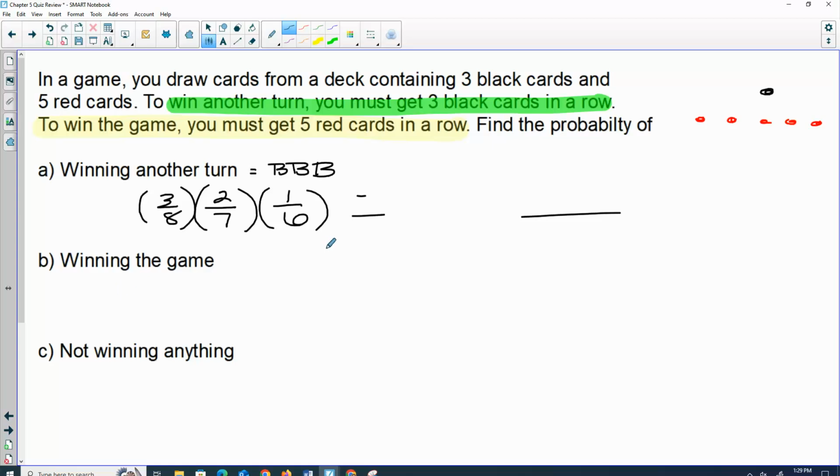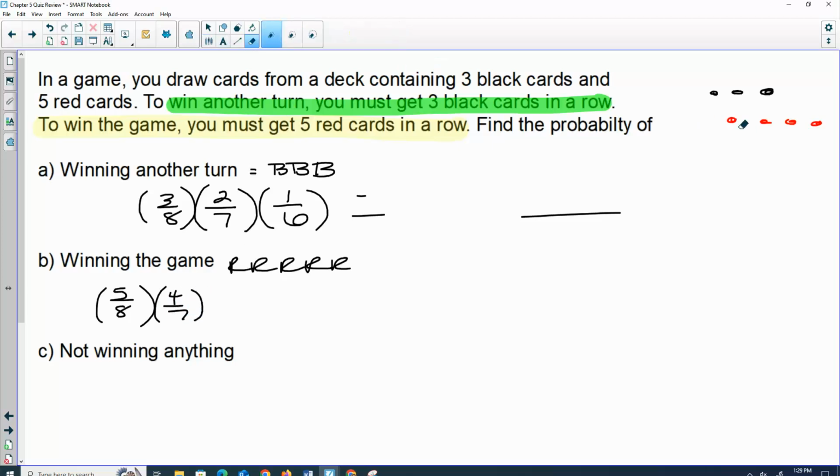To win the game, what do we have to get? 5 reds. Okay. What is the probability that my first card is a red? 5 out of 8. Okay, if we take out a red, what's the probability the next one is red? 4 out of 7.